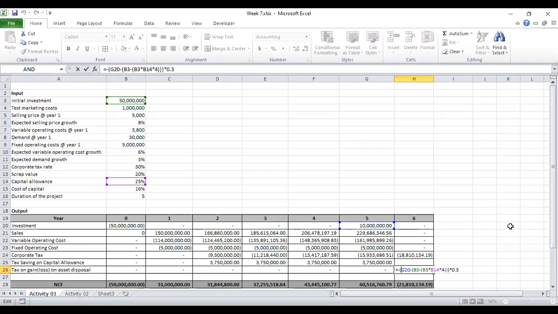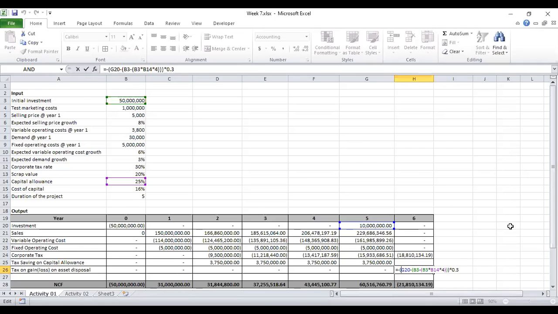It's 50 million, at 25% per annum. So it's 12.5 million, and that times 4 is 50 million. So the cost is 50 million, the accumulated depreciation as per the tax guideline is 50 million, and the carrying amount is 0 by the end of year 4.